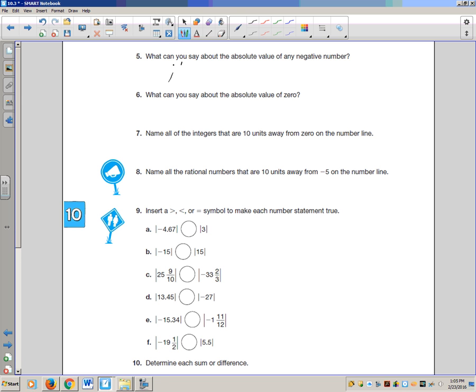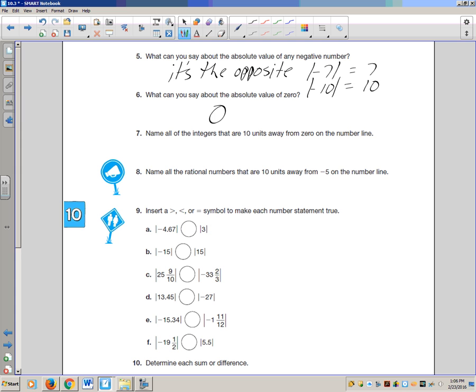It's the opposite. For example, the absolute value of -7 equals 7. The absolute value of -10 would be 10. The absolute value of 0 is 0 because it's right on 0.